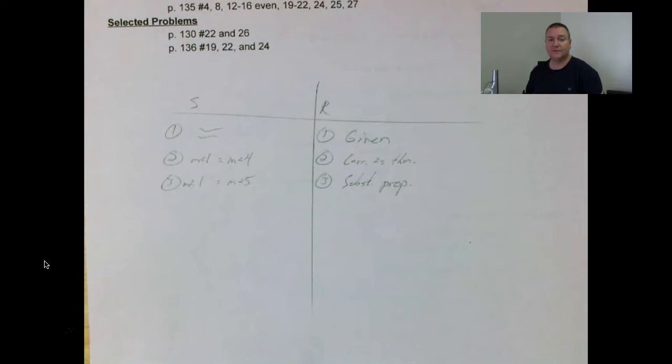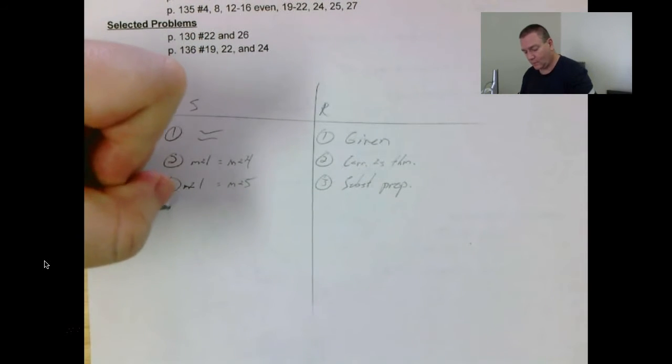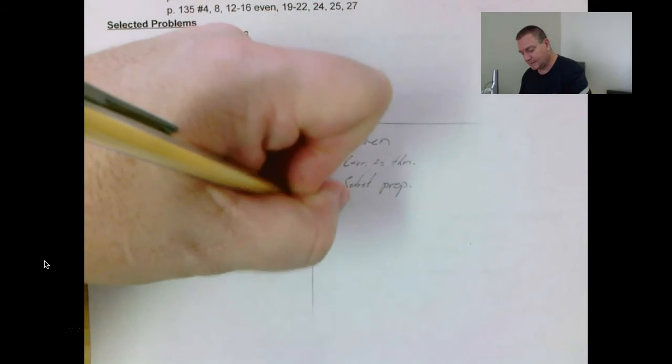I prefer transitive for congruent angles. So transitive I like for congruent, substitution I like for equals. But if our book does not differentiate between the two, if you said transitive property of equality, as long as you put the of equality, you're fine. Okay, statement 4 is coming next.